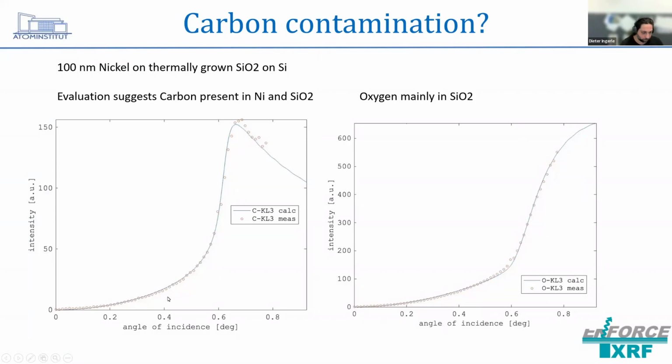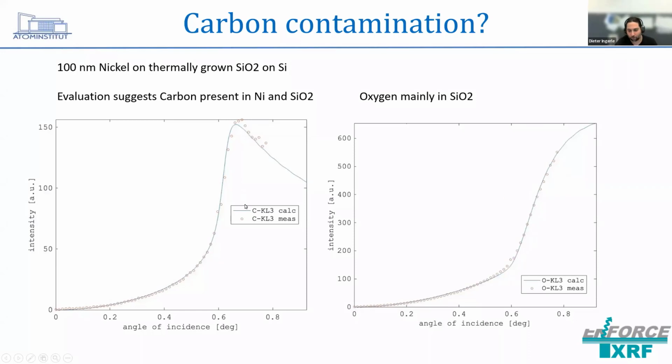I mean, we can assume that there will be carbon on the surface, and not just from air contamination, but it looks like it's deeper in the layer, even in the silicon oxide, whereas the oxygen fit behaves more or less as expected. On the surface there's maybe a little bit of oxygen, but as soon as the beam fully hits the silicon oxide, we get the steep increase.